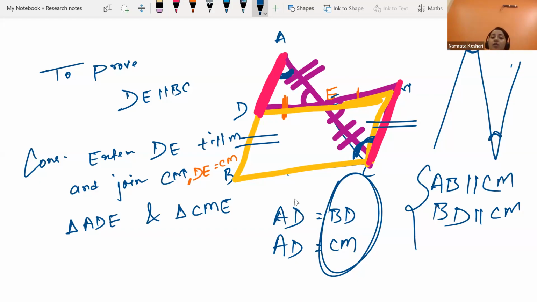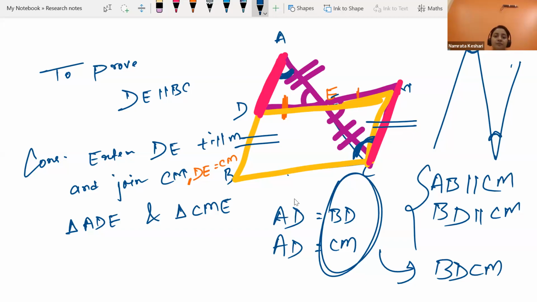So we can say this is the property of a parallelogram only, that the opposite sides are parallel also and equal also. Have we shown both the opposite sides? We don't even have to show both. If one pair of opposite sides is parallel also and equal also, that is only the property of a parallelogram. From here we are declaring that BDCM is a parallelogram and hence DE and BC are parallel.